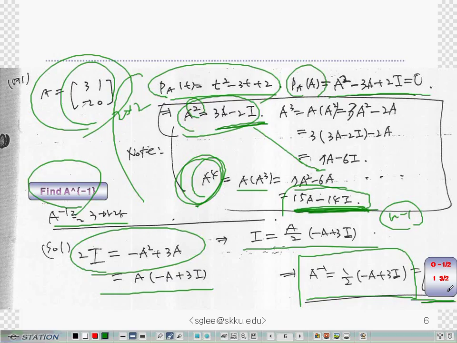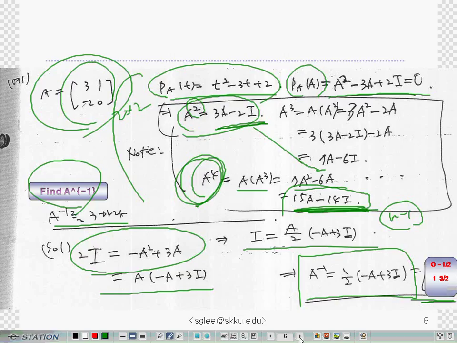Also, its degree is not more than n minus 1. So this is another way of using the Cayley-Hamilton theorem. So when you find the inverse of a certain matrix, you can also use the Cayley-Hamilton theorem.